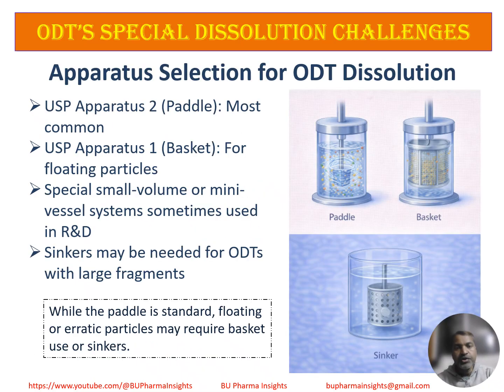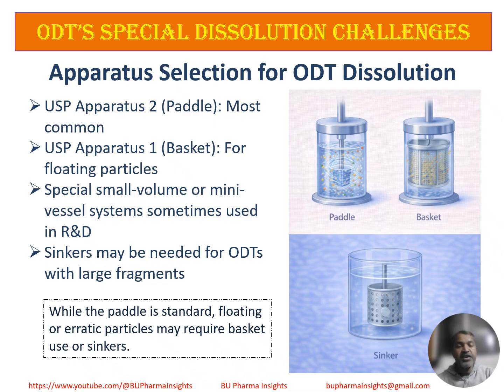High porosity ODT fragments often float on the surface, which can distort dissolution results. In such cases, using a basket improves consistency by keeping all particles fully immersed. However, for very fragile ODTs, be careful. Sinkers can crush or compress the tablet.